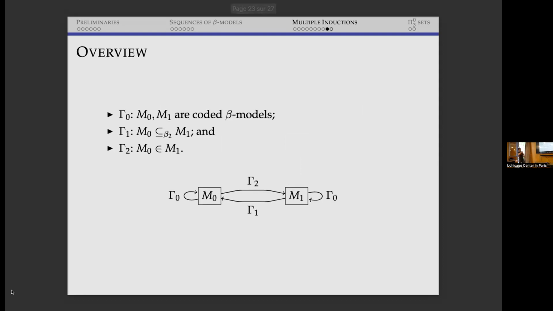So you got this Gamma 0 making the two models be better models, Gamma 1 making one model be a better chosen model of the other, and Gamma 2 making the smallest one be an element of the bigger one. And for ω, you just increase the sets of recipes and the copies that you have for the smaller ones, and the proof goes through.